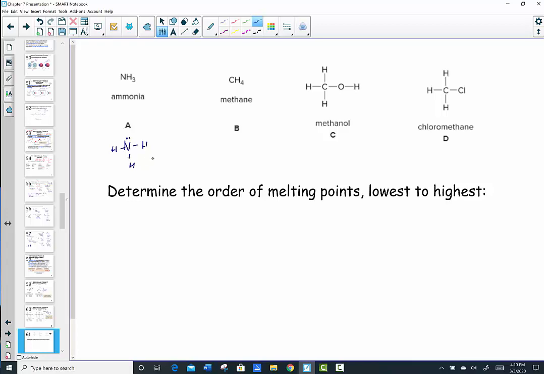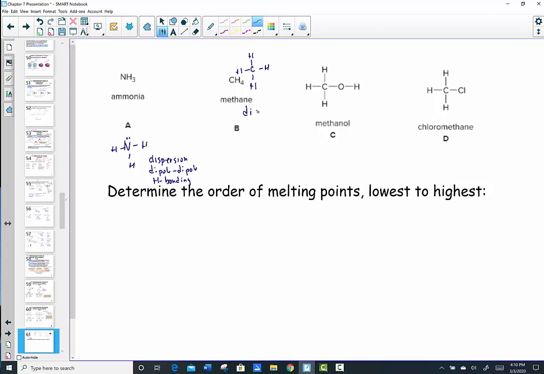This means that it has dispersion. It always does. It is polar, so it has dipole-dipole. And it meets the criteria for hydrogen bonding. Very strong intermolecular attractions.